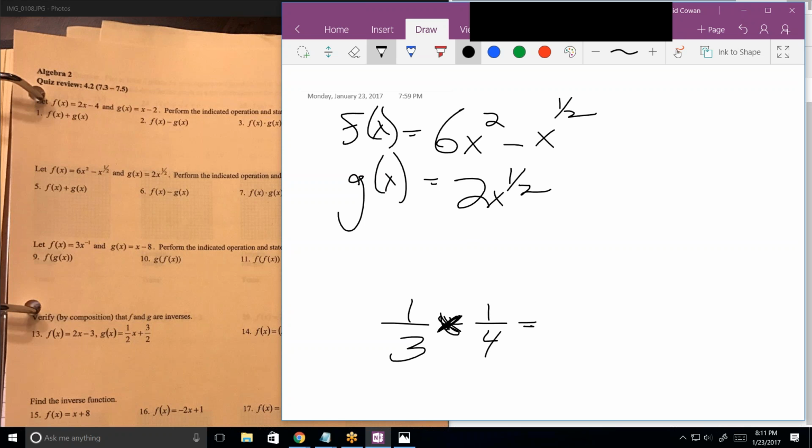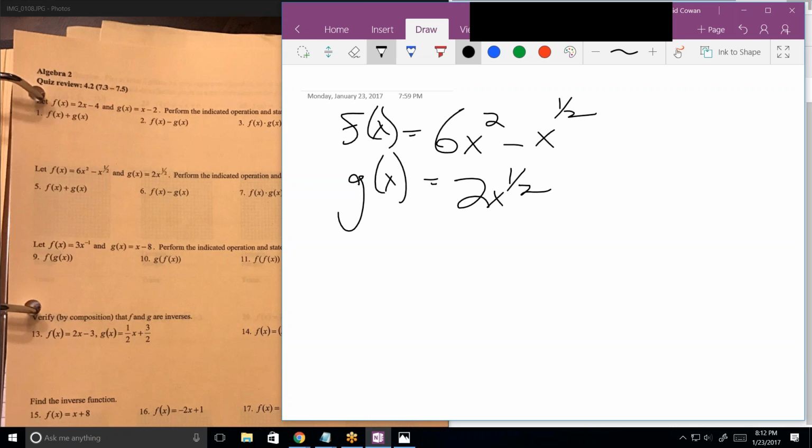I multiply numerators, I multiply denominators. Multiplication and division is always easier than addition and subtraction, even with variables like this.